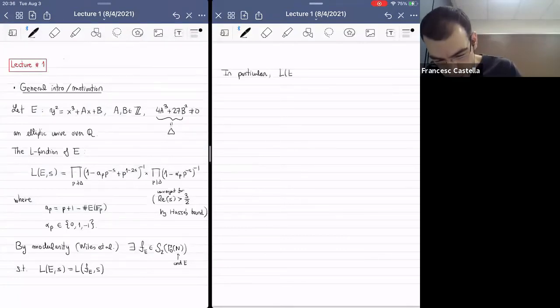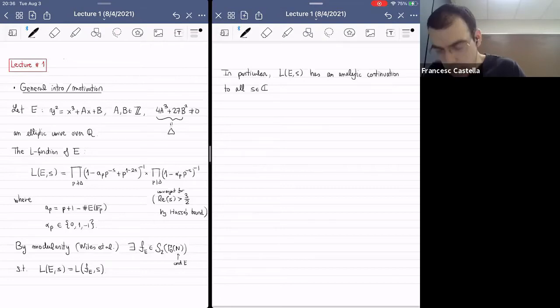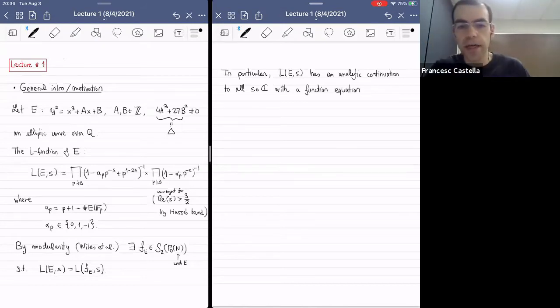So L(E,s) has an analytic continuation to the entire complex plane, with a functional equation. The sign appearing here we will encounter later.